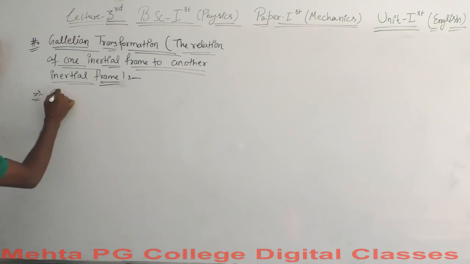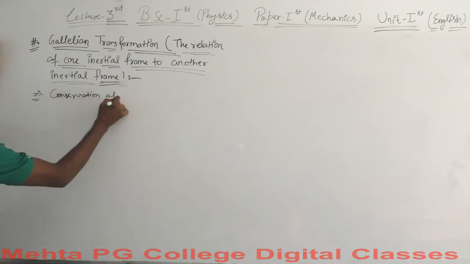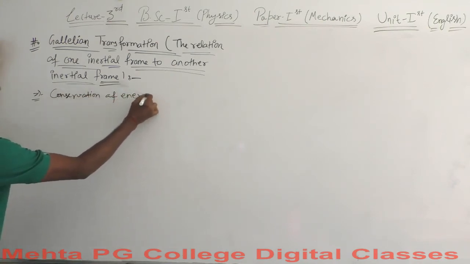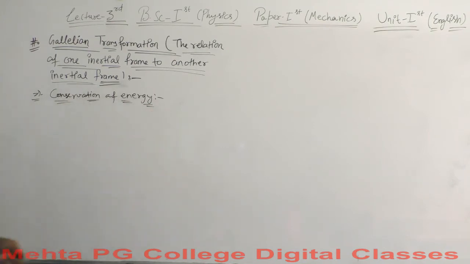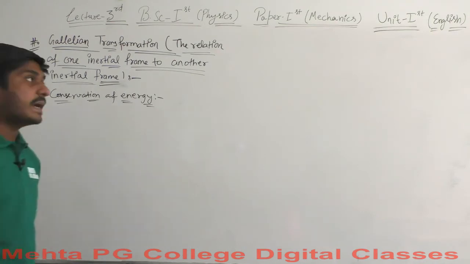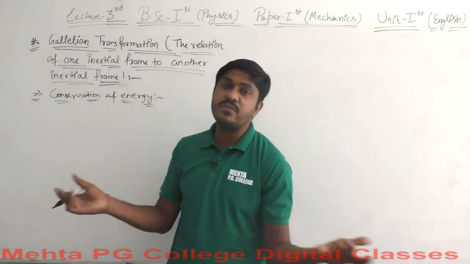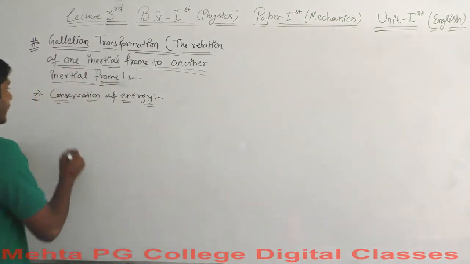Conservation of energy. Okay, let's prove the conservation of energy here. So we have two different particles which are going to collide for both these reference frames. Let's find out what will happen.